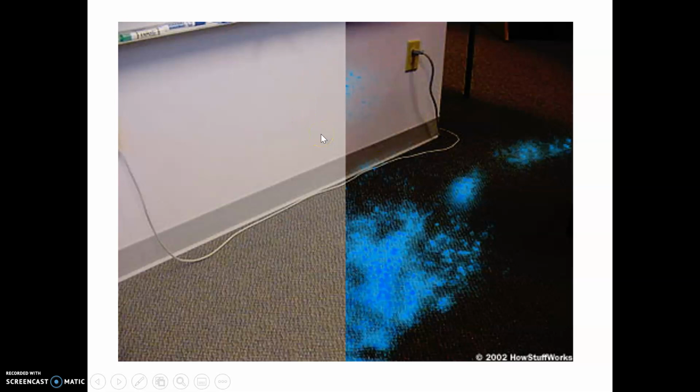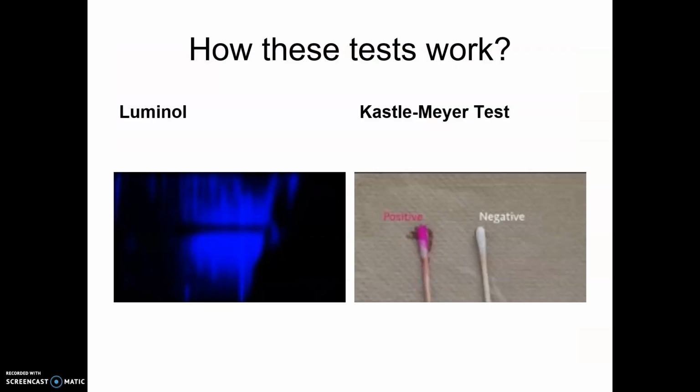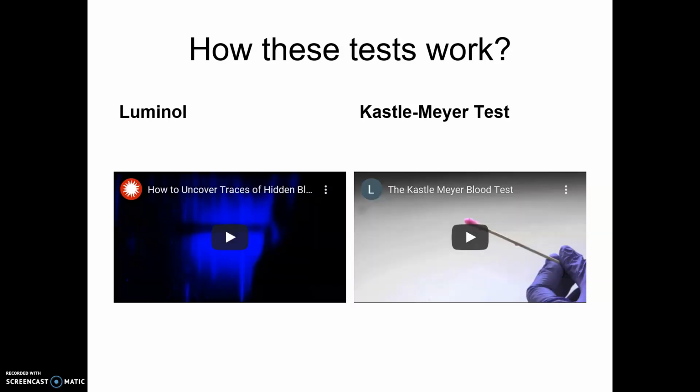And hopefully you guys will watch the next videos that will give you some idea about how they work. Please make sure that you know the steps for the different chemical reactions, because you may be asked that on a test. So I have uploaded some videos for you that I'm going to have you guys watch. The first video is going to be on luminol. The second video is just a recap of the Kastle-Meyer test that you guys should already know about.